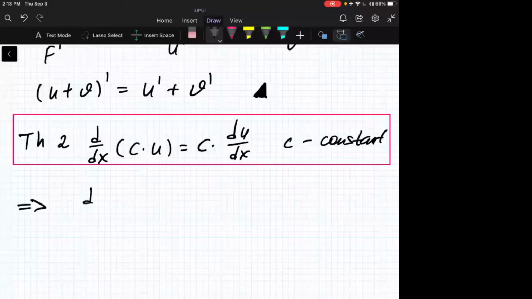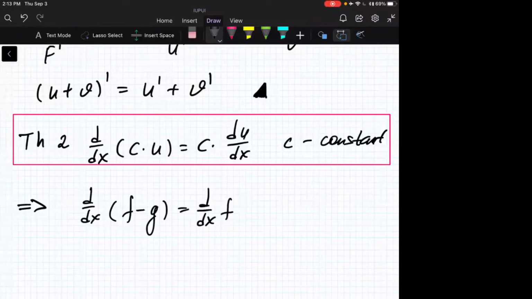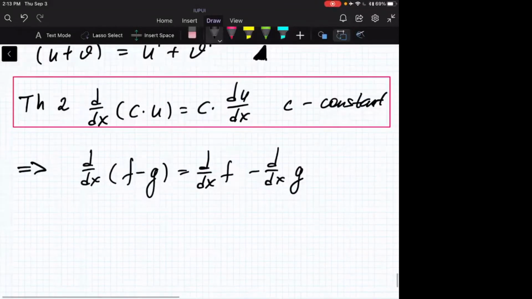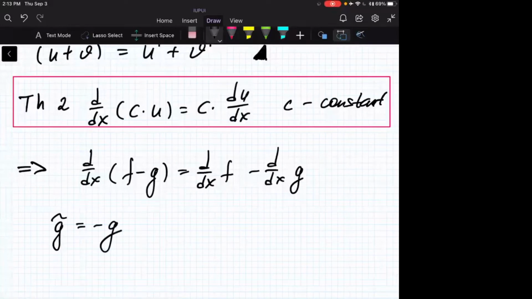You can deduce that the derivative of the difference f minus g is equal to the difference of the derivatives. Because you can just consider g tilde, which is minus g, and repeat the same steps.